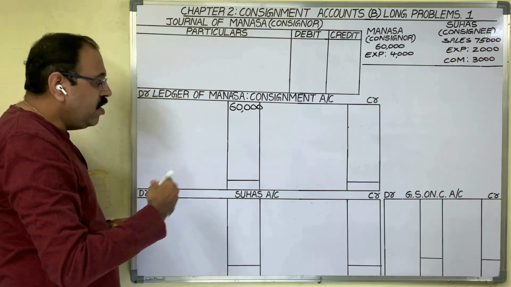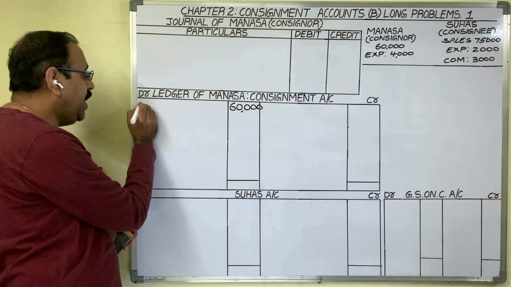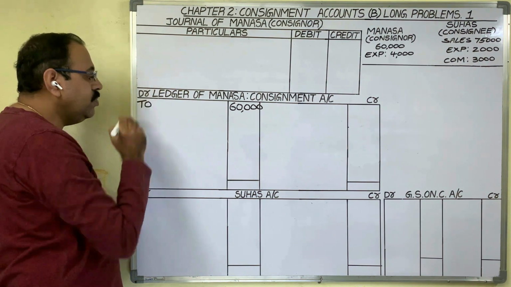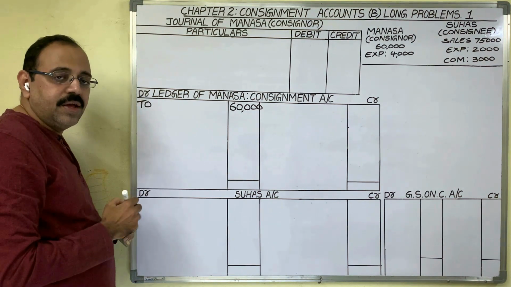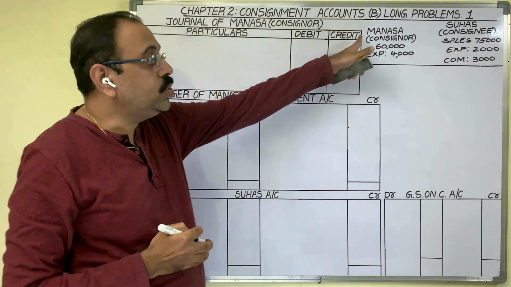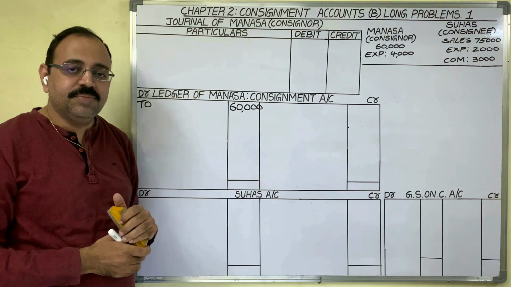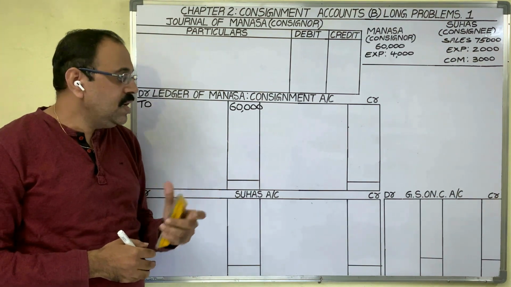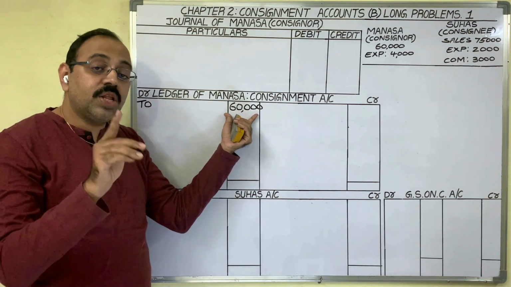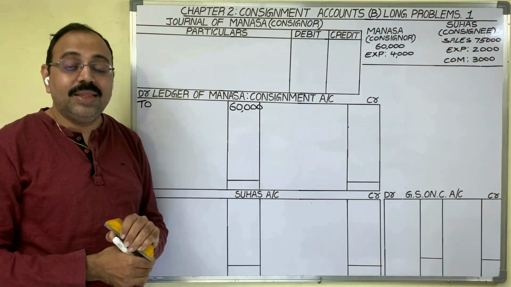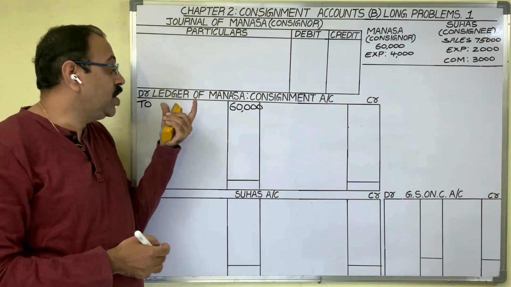You know, on debit side when we write any account name, we have to start with the 'To'. What to write? We are sending goods to Suhas. So don't write Suhas name here. We are sending 60,000 worth of goods on consignment basis. That information we should record here.